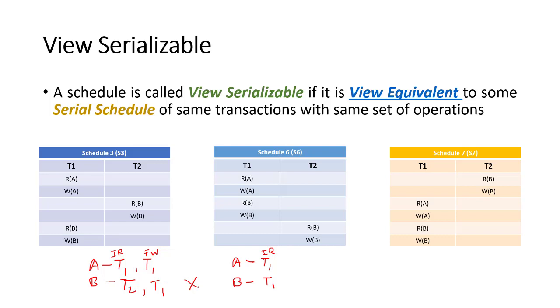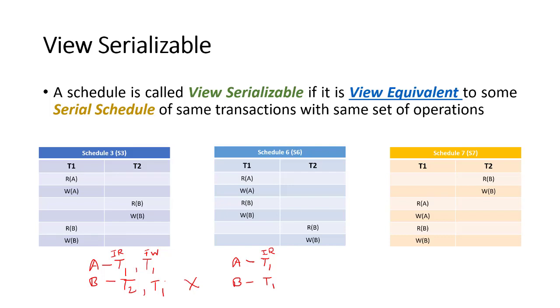So can we draw the conclusion that it is not view serializable? No, we cannot, because we have another option to check. Here T2 performs the initial read first, followed by T1. Let us check with S3 and S7.